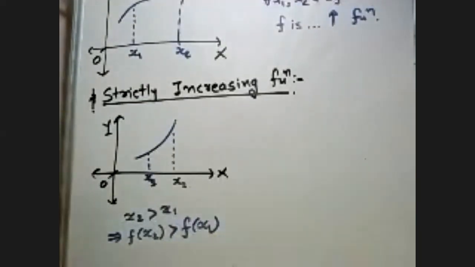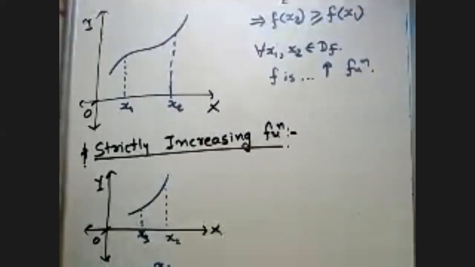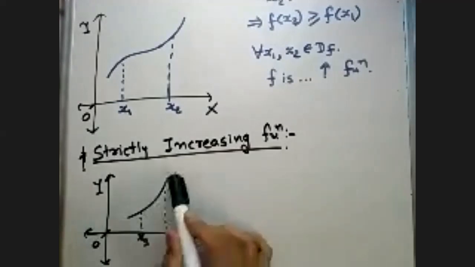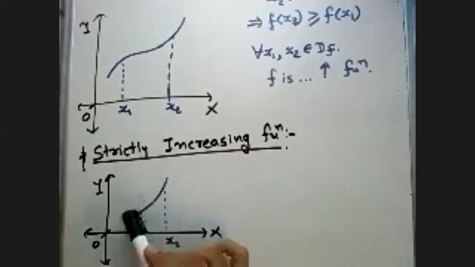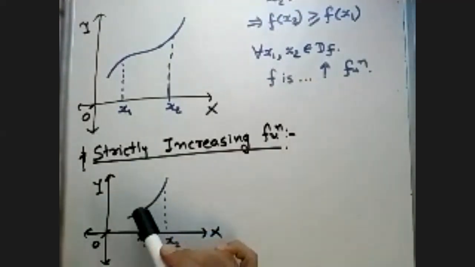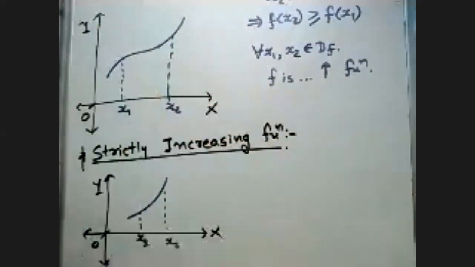So in this case, your f is called a strictly increasing function. This is the difference only. What is the difference between increasing and strictly increasing? Here it should strictly increase. In between, at no point can it be equal, right? It can never be equal, but here in increasing it can be equal in between.